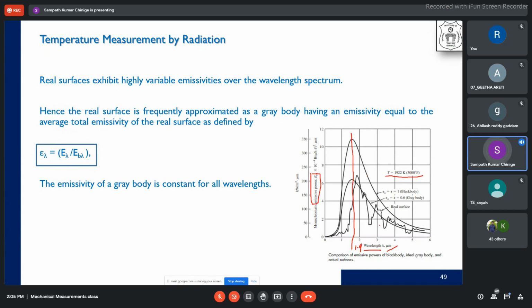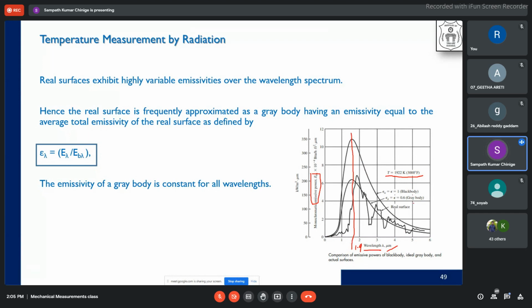Similarly, you can observe here that for a gray body, meaning any body which is not a black body, it generally tends to be a gray body, because it only emits a part of the black body emission. It will not be exactly equal to the total emission emitted by a black body. It is lesser than that.